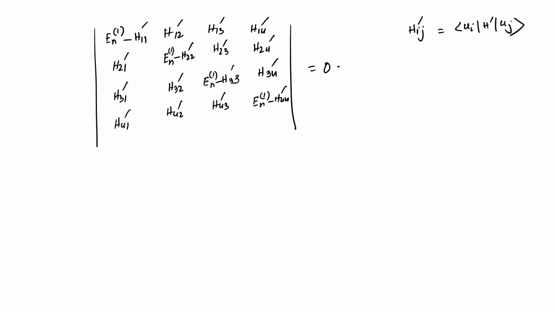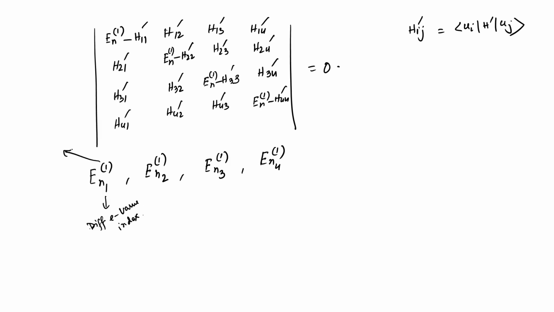This has to vanish in order to give us these 4 energy corrections: En1 1, En2 1, En3 1, and En4 1. So, this is the correction to different eigenvalues. This is the different eigenvalue index, and this tells about the order of perturbation theory.